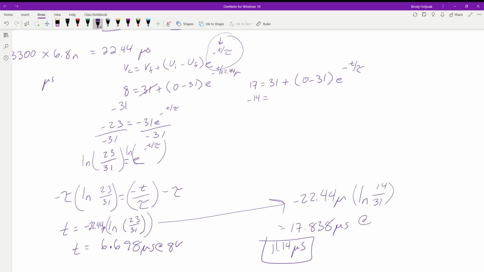Yeah, so this was at the 17 volts. So this is how much time it took to get to 17 volts. This is how much time it took to get to the 8 volts, and we want to know the difference from how long it took to go from here to there. And that's where this is. Okay, that makes a lot more sense. Thank you. Mm-hmm.